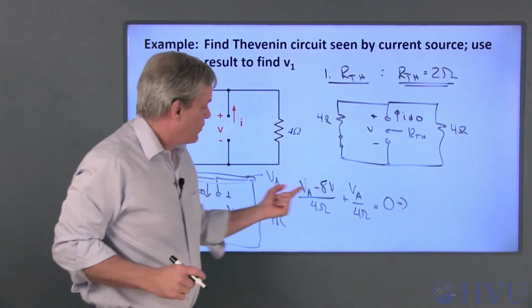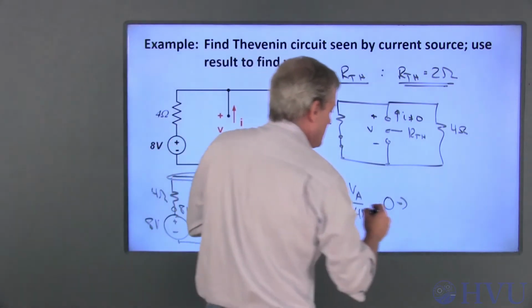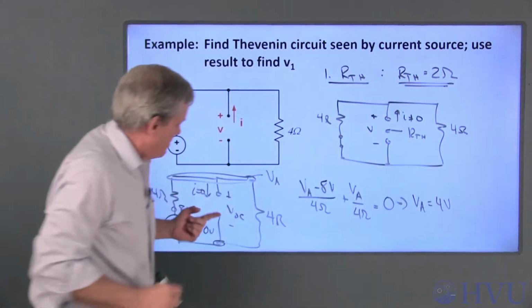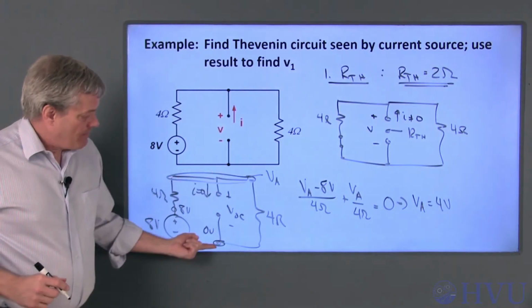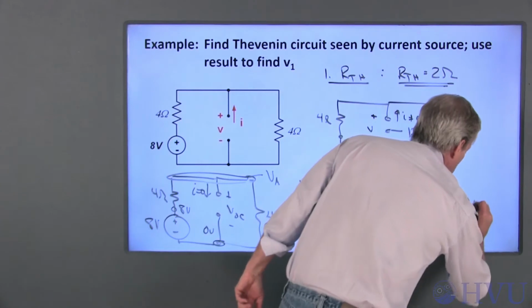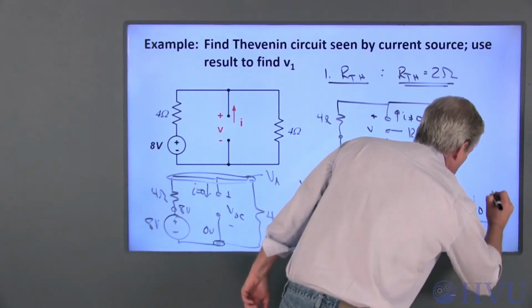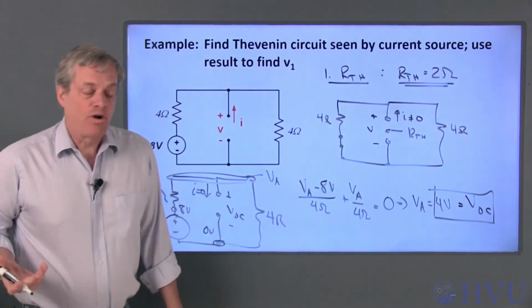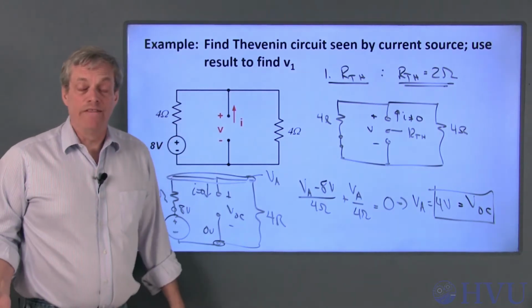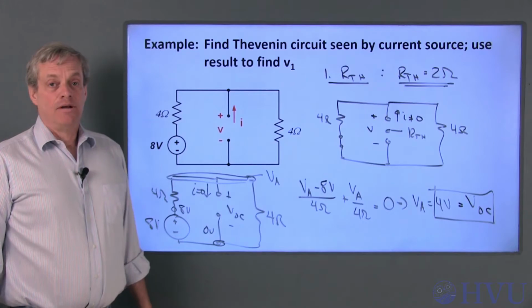Multiplying through by 4, I get 2 VA is equal to 8, or VA is equal to 4 volts. From my nodal analysis, VA minus 0 is VOC, so this is also VOC. Next, I'll draw the Thevenin circuit, replace this source, and determine the voltage V1 that I originally wanted to find.